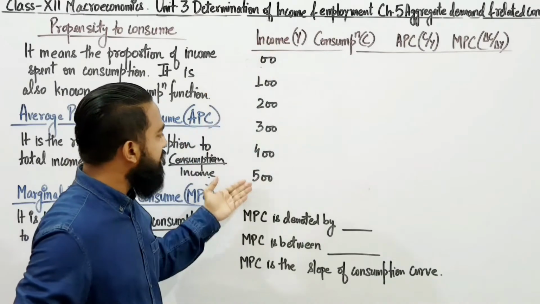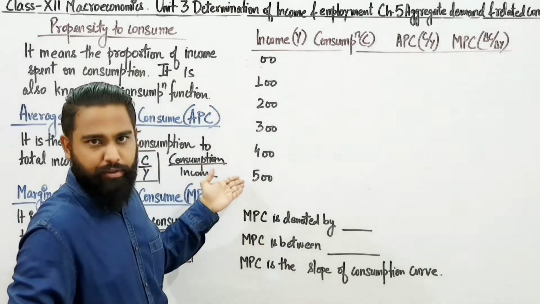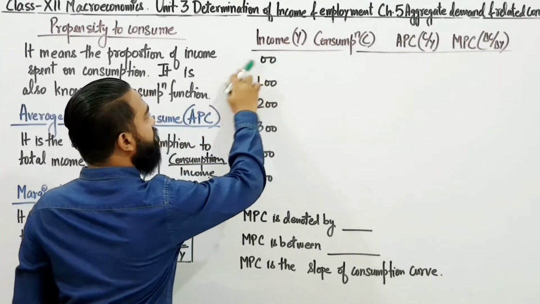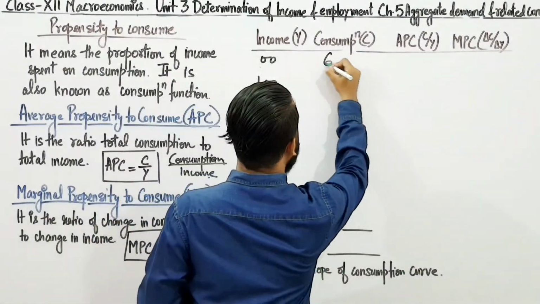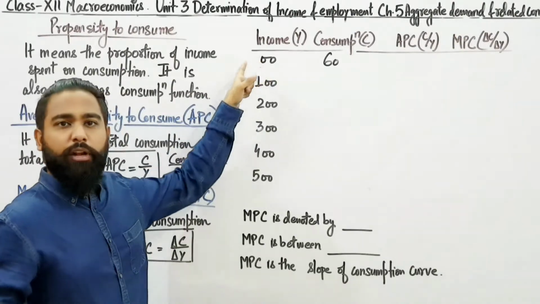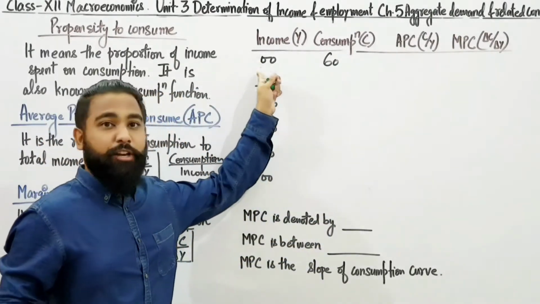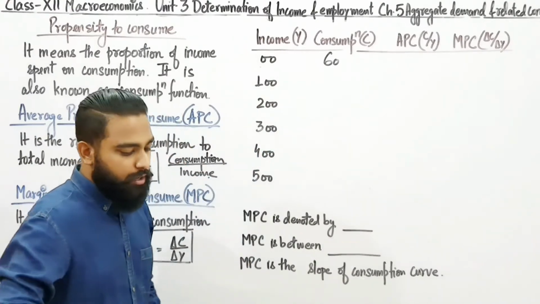Students, let's understand how we calculate APC and MPC. This is your level of income: 0, 100, 200, 300, 400 and 500. Now, at 0 level of income, we were doing consumption of 60. Remember, at 0 level of income, whatever the consumption is, that is autonomous consumption.